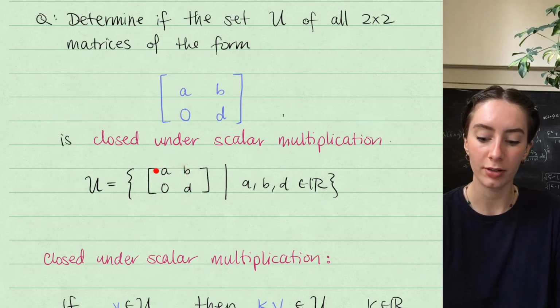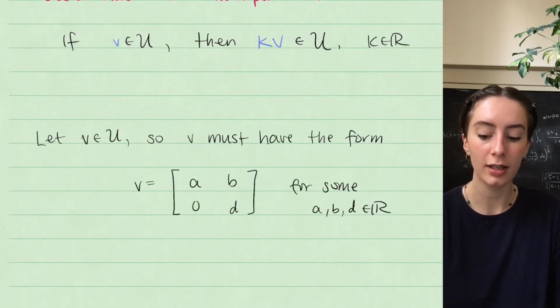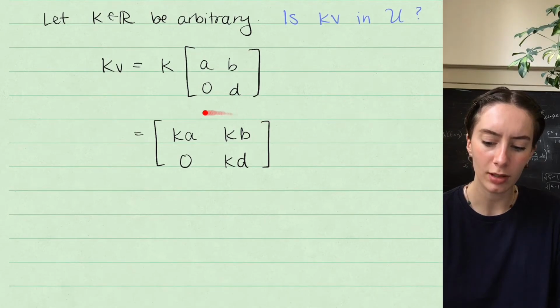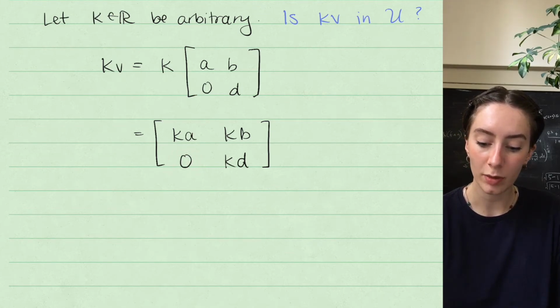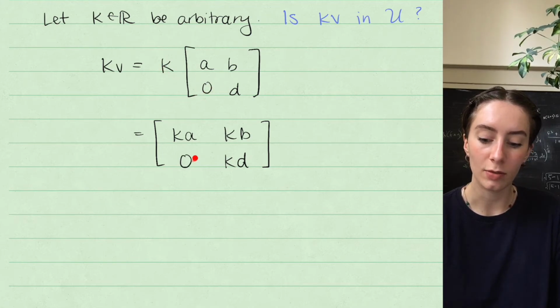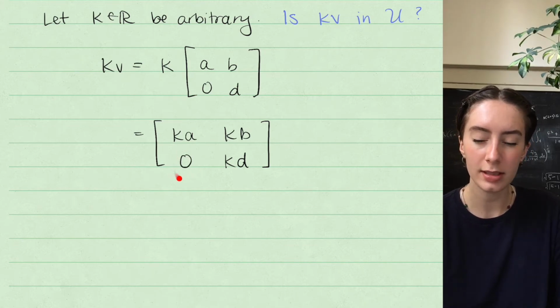All of the other entries, it doesn't matter what they are, right? So is this 2x2 matrix going to be in U? Because when we multiplied by the scalar K, K times 0 was just 0, it doesn't matter what K is, you're always still going to have a 0 in your third entry.